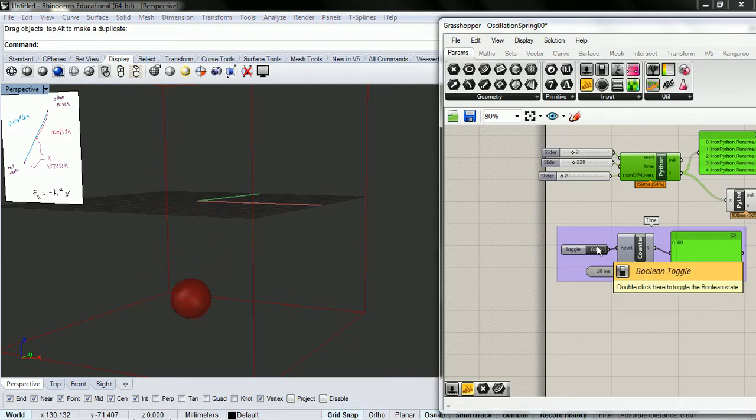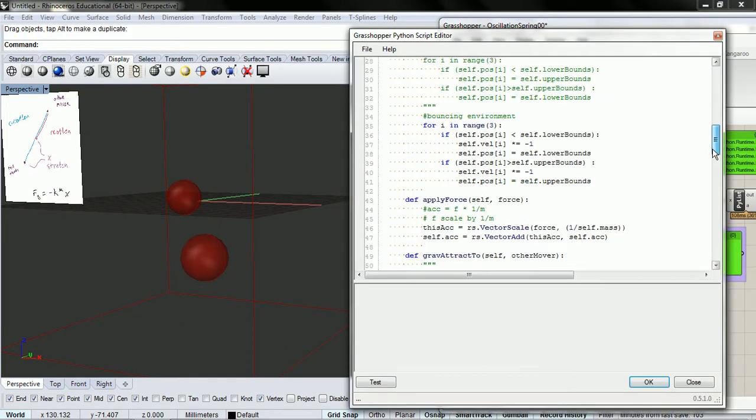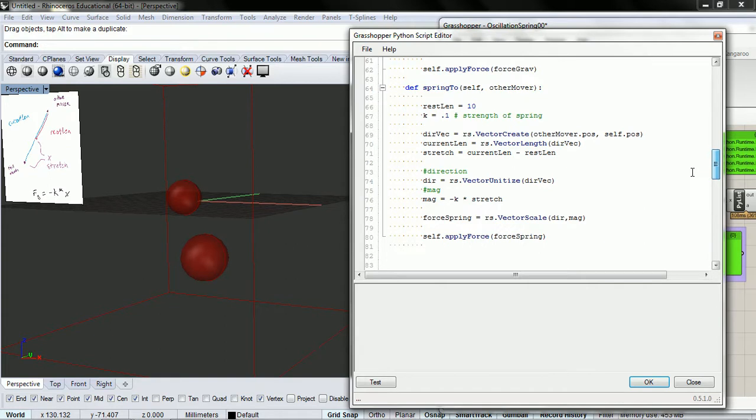Okay, you can see I did something wrong in here. Let's find out what it was. I think I put these in the wrong positions.